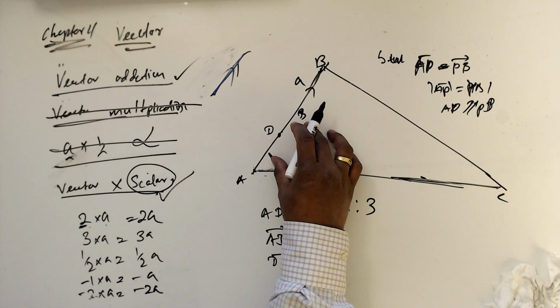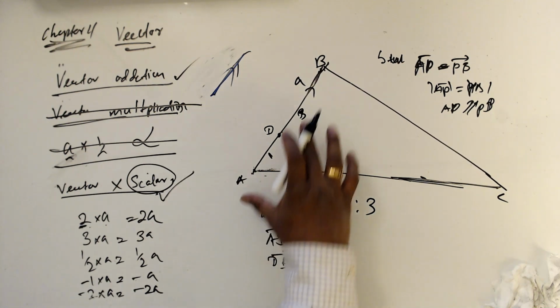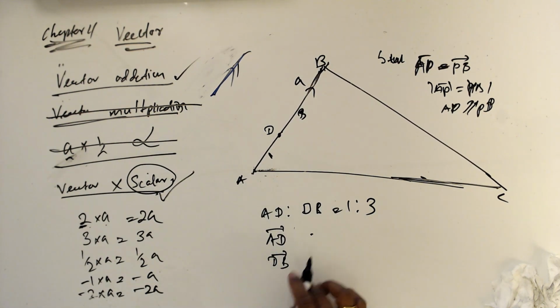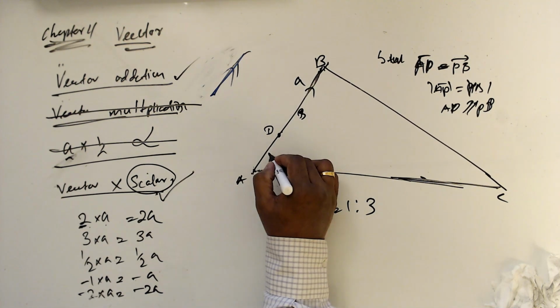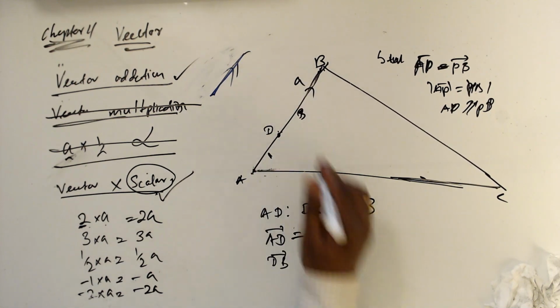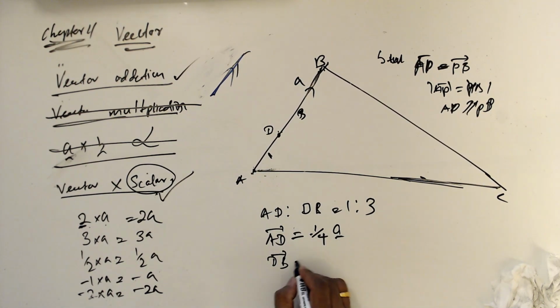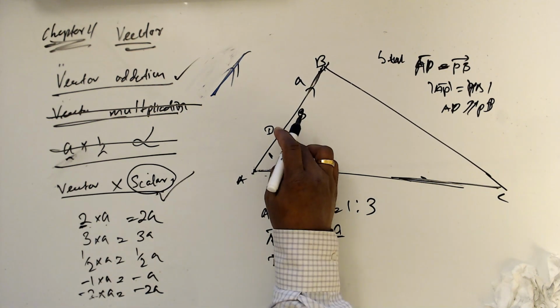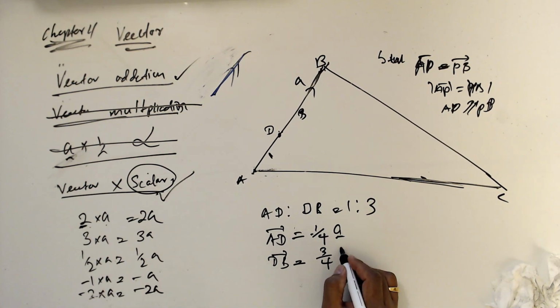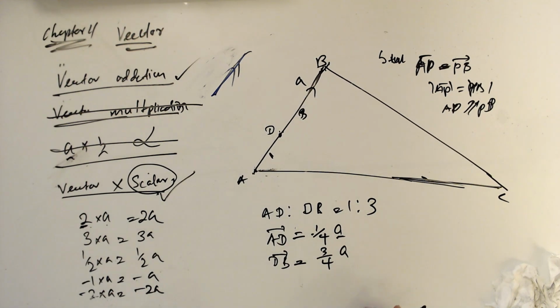It means total 4. Right? So AD means 1 out of 4, and DB means 3 out of 4 of the A vector. So if you break in 1 to 3, that's how you want to do it.